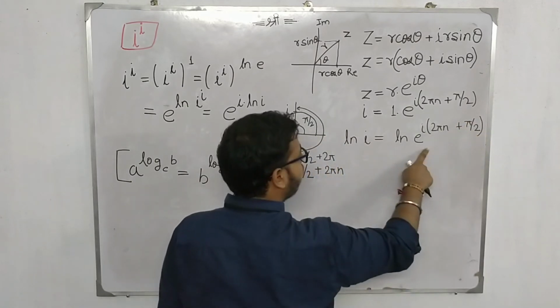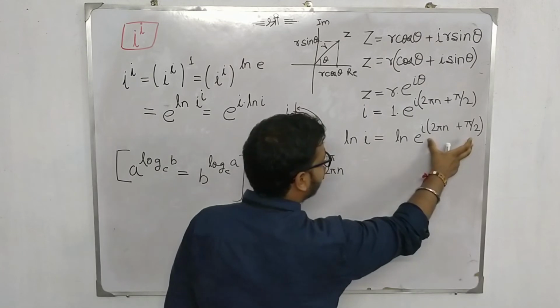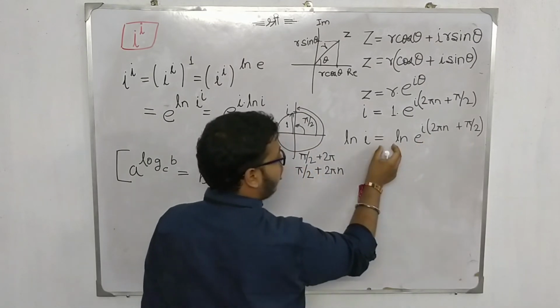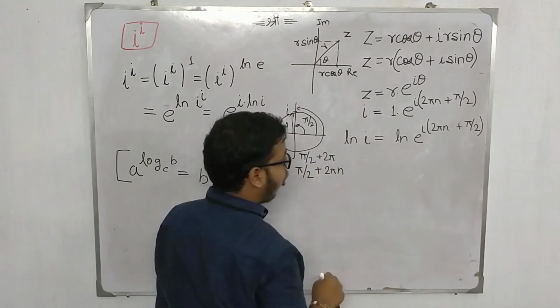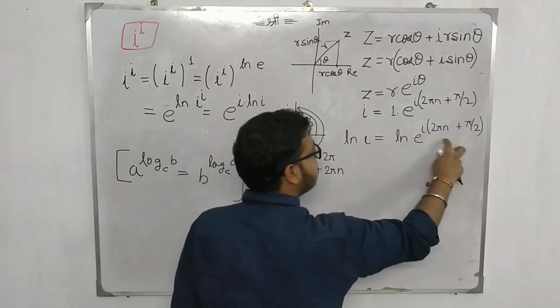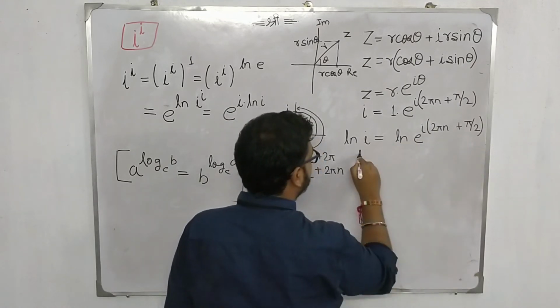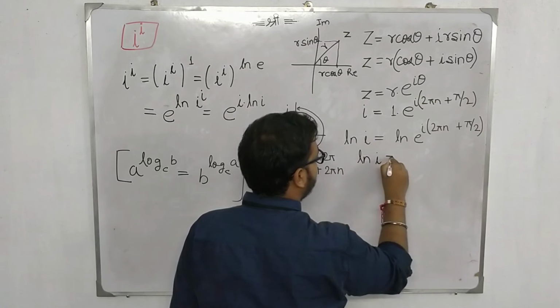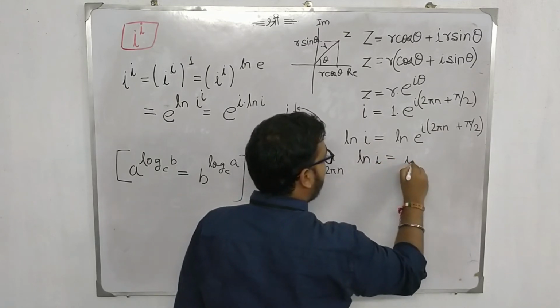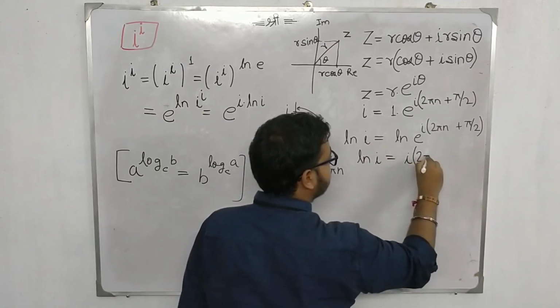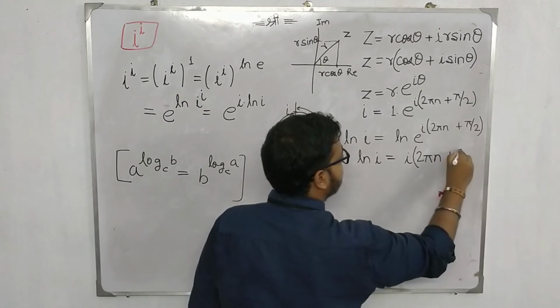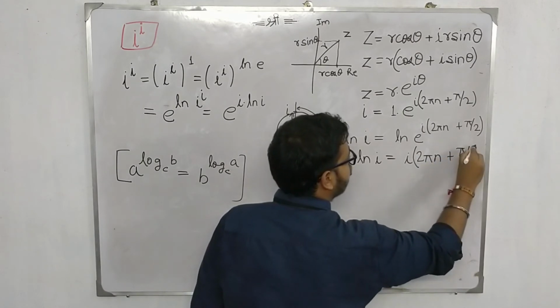Now natural log of e will become 1 and this whole thing which is in the power, according to the log rules, will come as a product. This is 1, so this will just remain this much. So natural log of i is equal to i times twice pi n plus pi by 2.